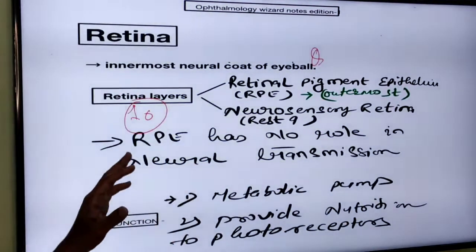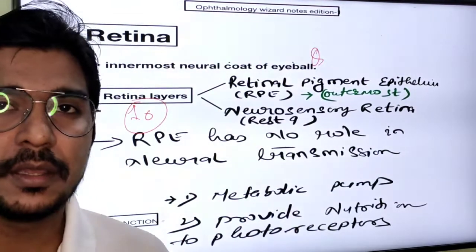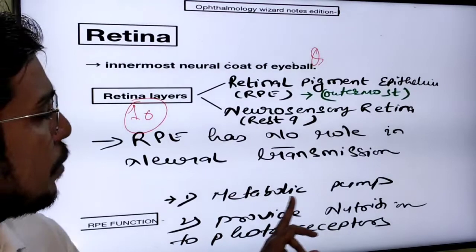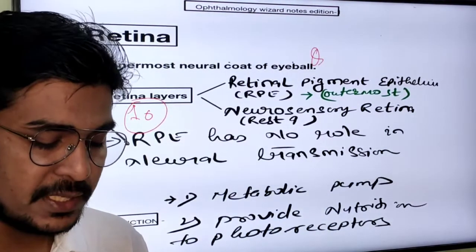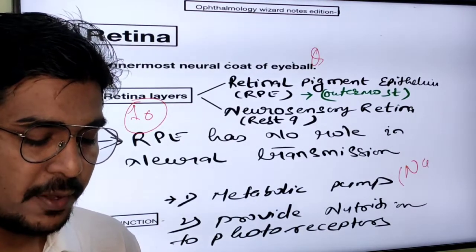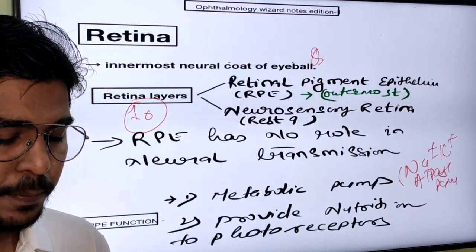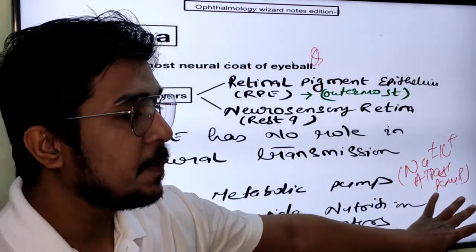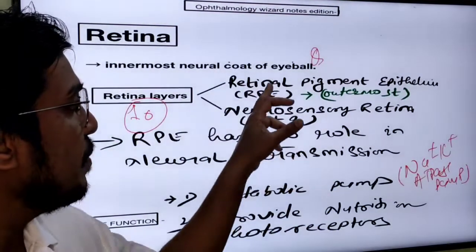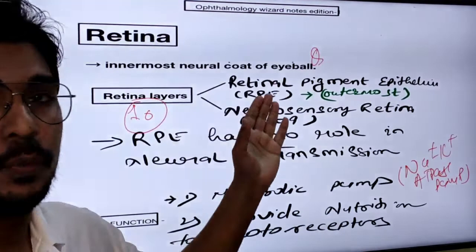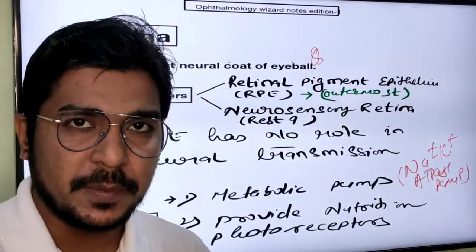Okay, the next line: RPE has no role in neural transmission. Then what is the role of the RPE? The role of the RPE is as a metabolic pump, as it has a sodium potassium ATPase pump. This pump is important for pumping out the fluid in the space between these two layers and maintaining the retinal attachment, right?